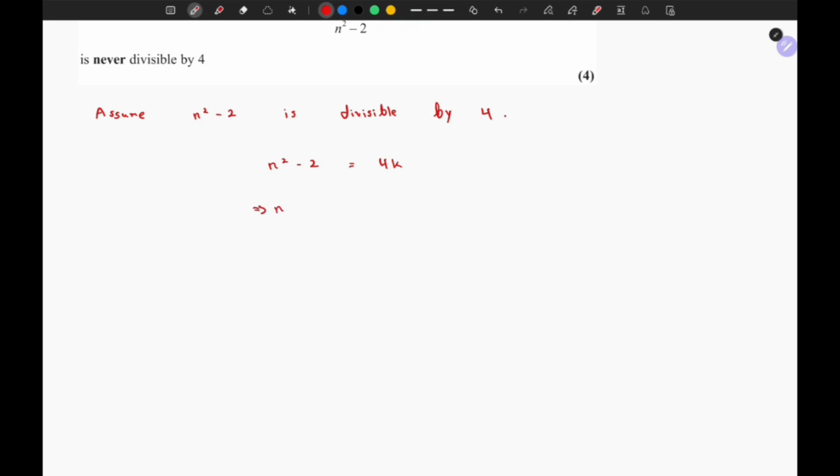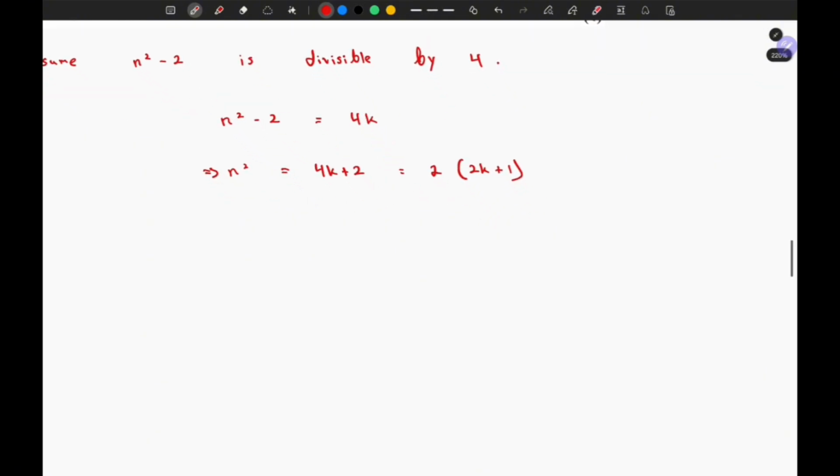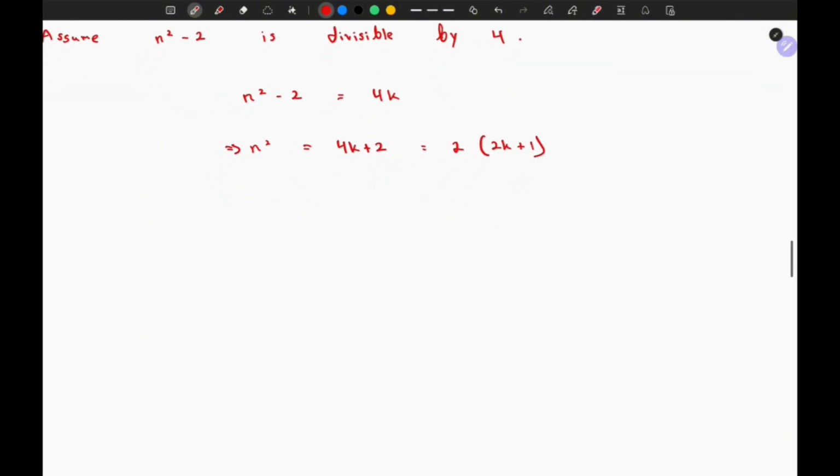Now, if we make n squared the subject, we get 4k plus 2. Now, what we can do is take 2 common to show that n squared is also even. So n squared is even, therefore n will also be even.